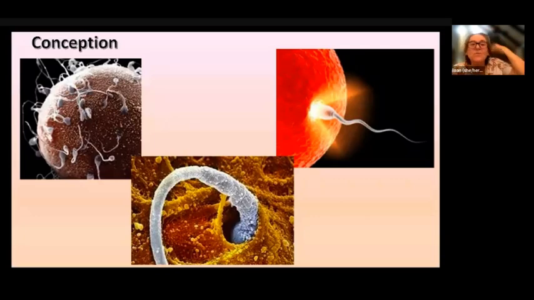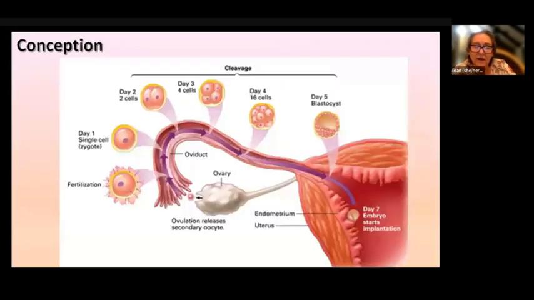So this is the moment that determines whether or not a child is going to be a boy or a girl. And there's a lot of knowledge out there in reproductive health about what factors, acidity, alkalinity, impact the sperm and conception rates.